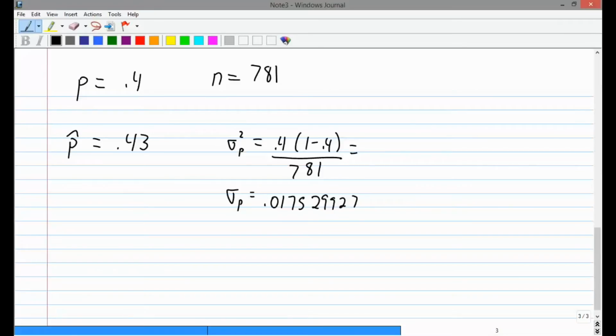So z equals 0.43 minus 0.4 over 0.017529927. I'm probably taking that out a little too far, but whatever. I got a z-score of 1.71.